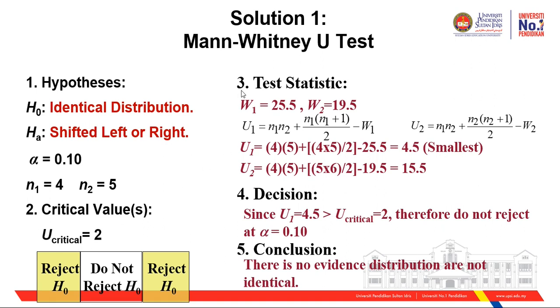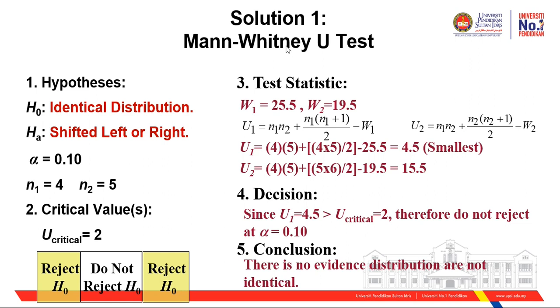Before that, look at step 3 for the test statistic. You have information about W1, which is 25.5, and W2, which is 19.5.